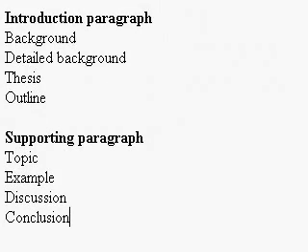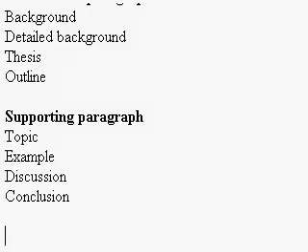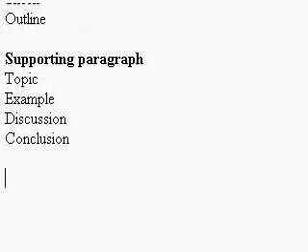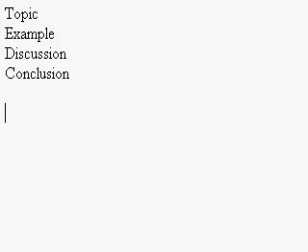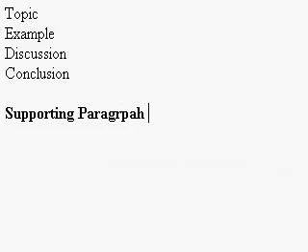Okay, and then we have in our essay a second supporting paragraph. So this is supporting paragraph 2. And once again, this has a topic, it has an example, it has a discussion, and it has a conclusion. And finally, we have our concluding paragraph.